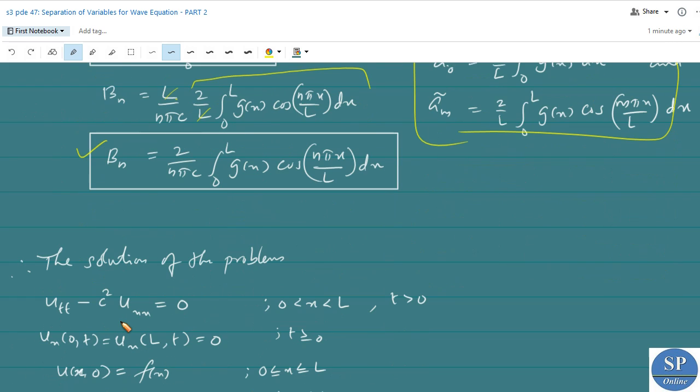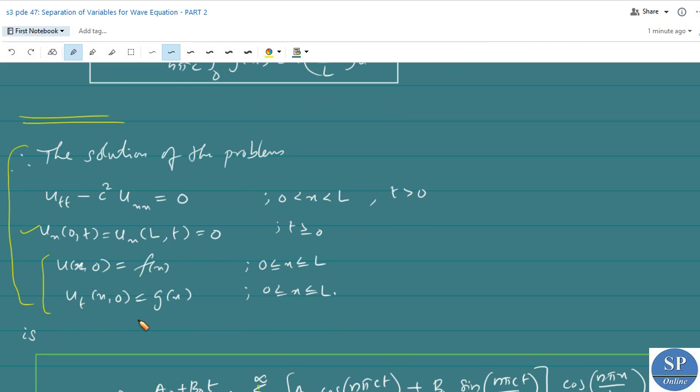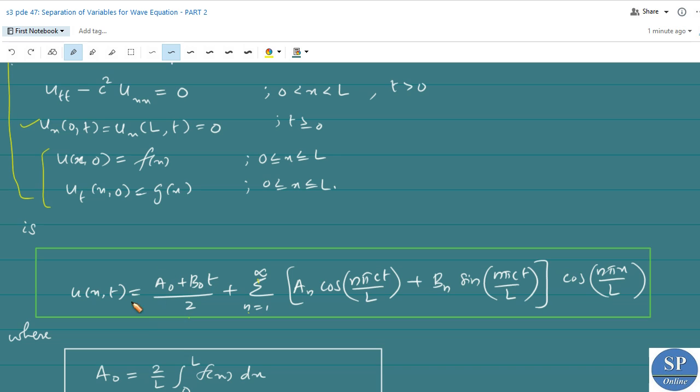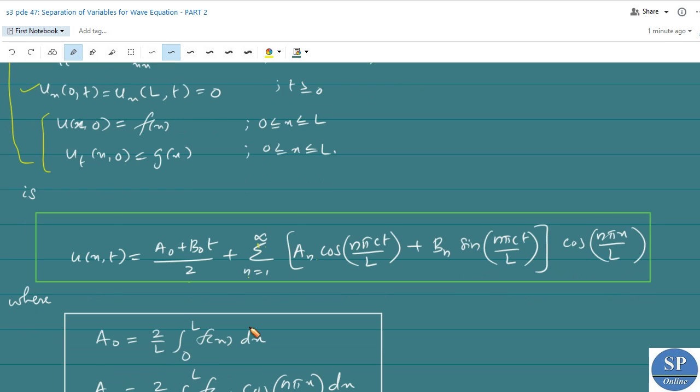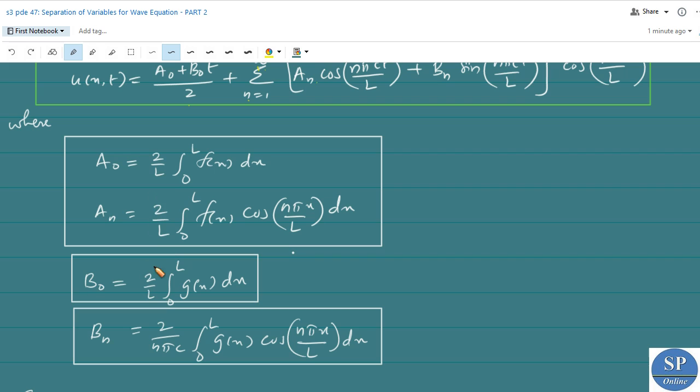So the solution of this problem is, if you have a problem like this, utt minus c square into uxx equals 0 along with these boundary conditions and initial conditions, we can directly write the solution as u of x t equal to a naught plus b naught t divided by 2 plus summation n from 1 to infinity of an cos n pi c t by l plus bn sin n pi c t by l, into cos n pi x by l, where a naught, b naught, an and bn can be obtained by using this formula.